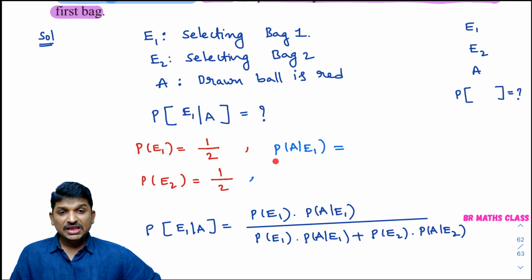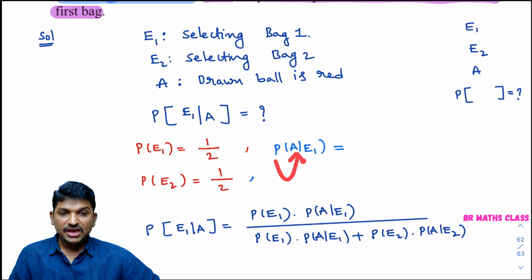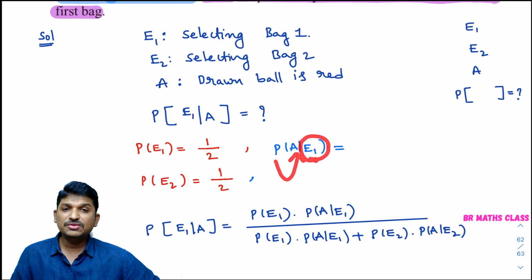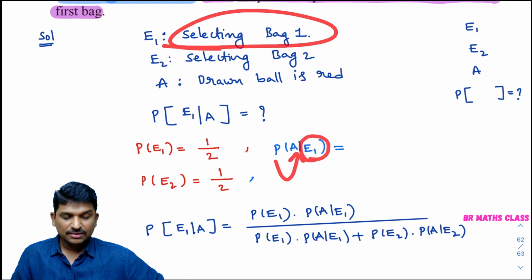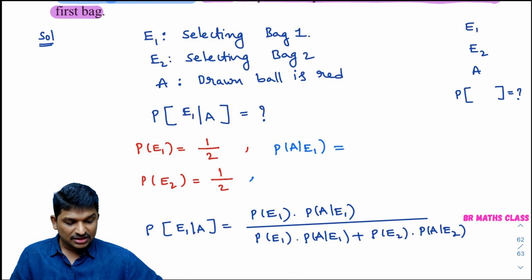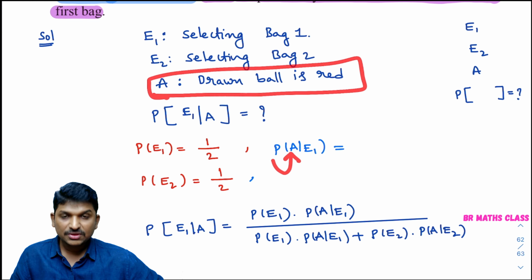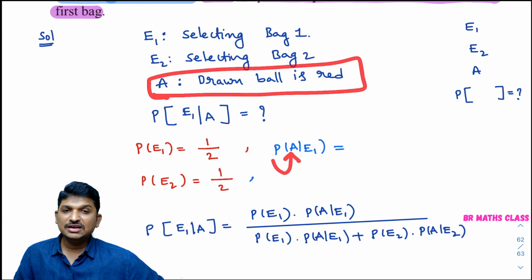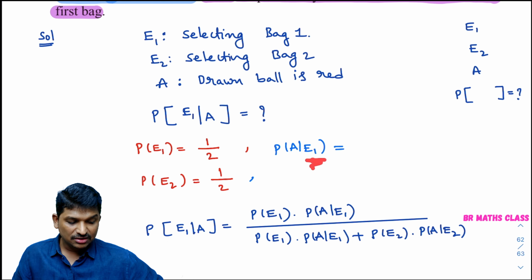What is the meaning? Probability of A, we know that E1 has already occurred. What is E1? Selecting bag 1. So the question is, the probability that the drawn ball is red. We know that we selected bag 1. I hope you are understanding.